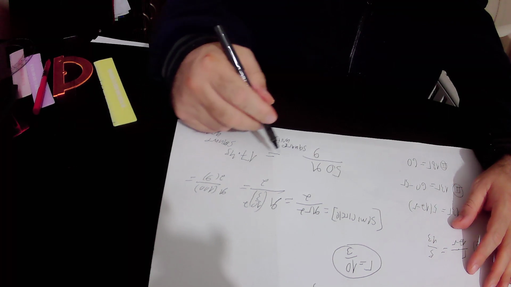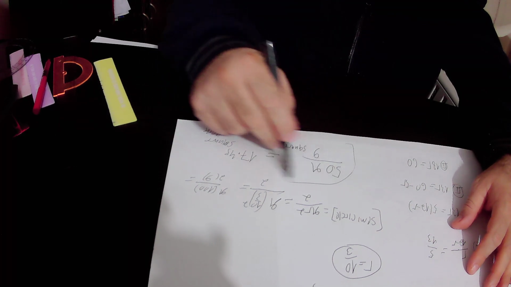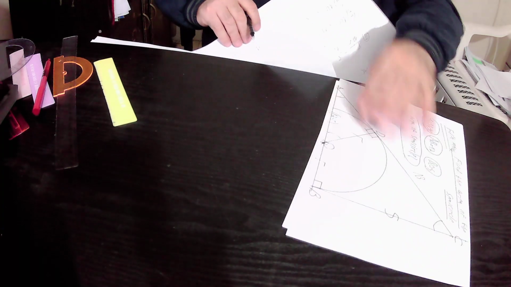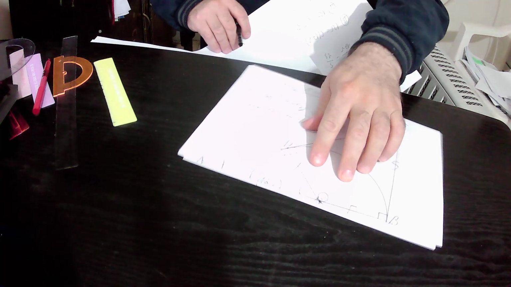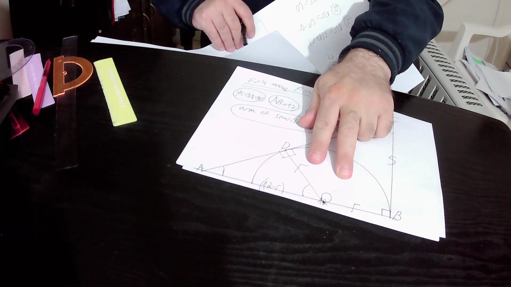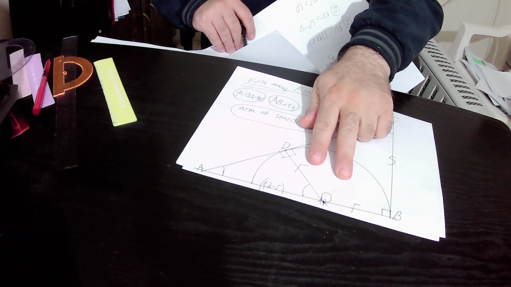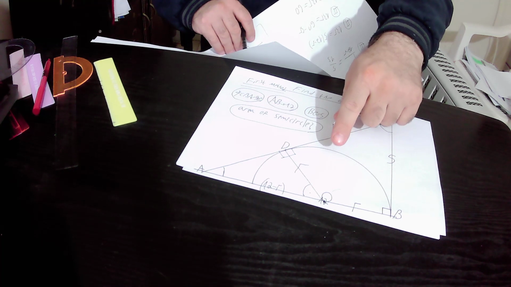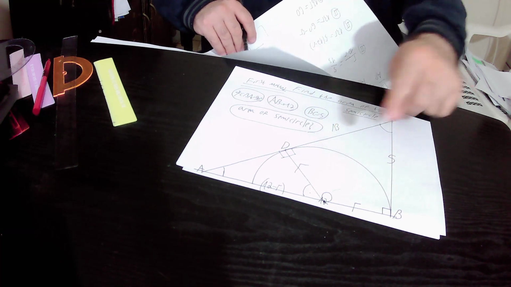So we finished with the first method. I repeat again. The area of this semicircle equals either 50 pi over 9 square units, or in terms of numbers, 17.45 square units.